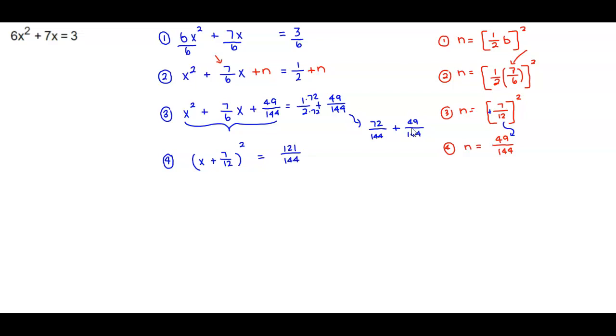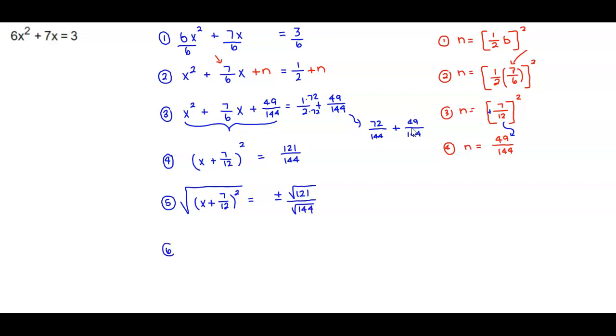Now in step number 5, we're going to follow the square root property. We take the square root of the left side, which is (x plus 7 over 12) squared, and this is going to equal plus or minus the square root of 121 divided by the square root of 144.